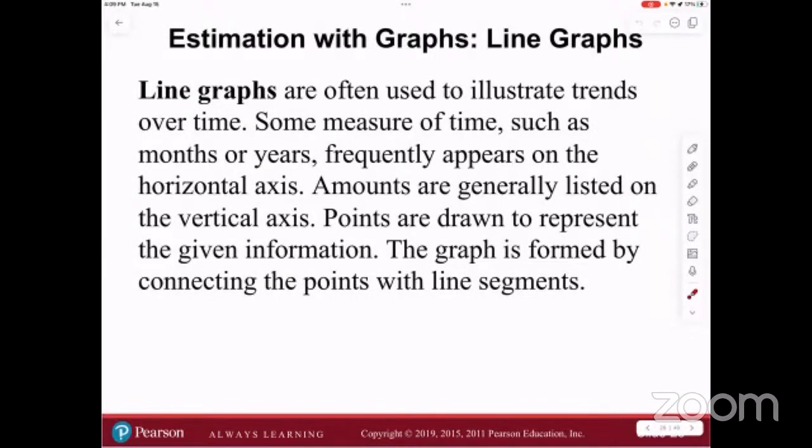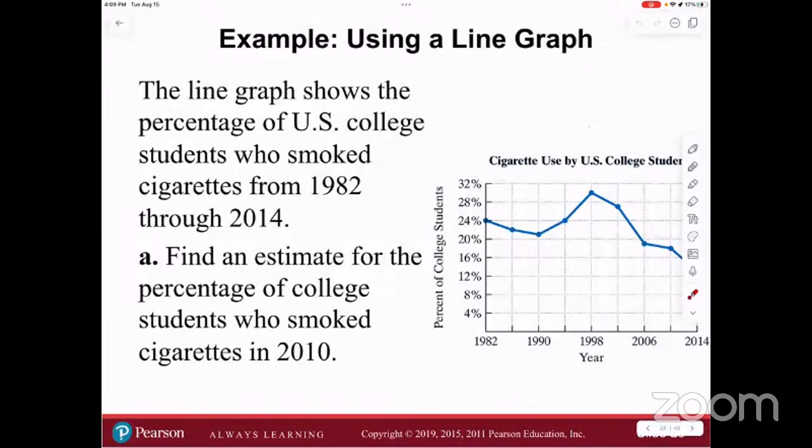The line graph shows the percentage of U.S. college students who smoke cigarettes from 1982 through 2014. We're asked to find an estimate for the percentage of college students who smoke cigarettes in 2010. Each tick mark is 4 years, so 2010 is going to be here, right in the middle.